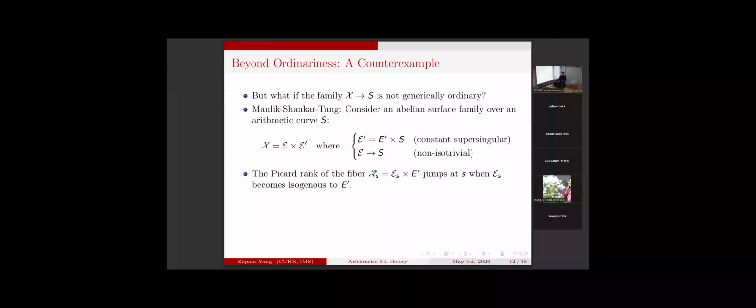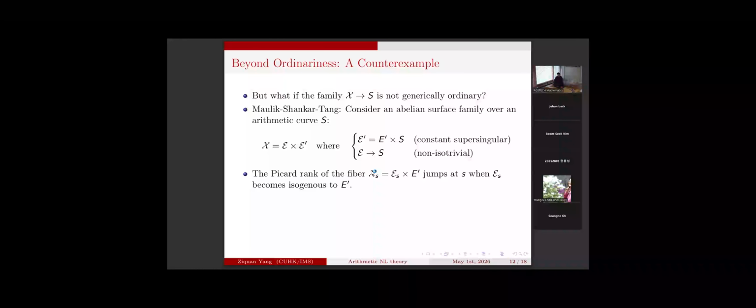Then we know by the formula I wrote before that the Néron-Severi group of the product is Z^2 plus Hom(E, E'). So the Picard rank jumps precisely when the specialization of your first factor becomes isogenous to the constant elliptic curve of your second factor.